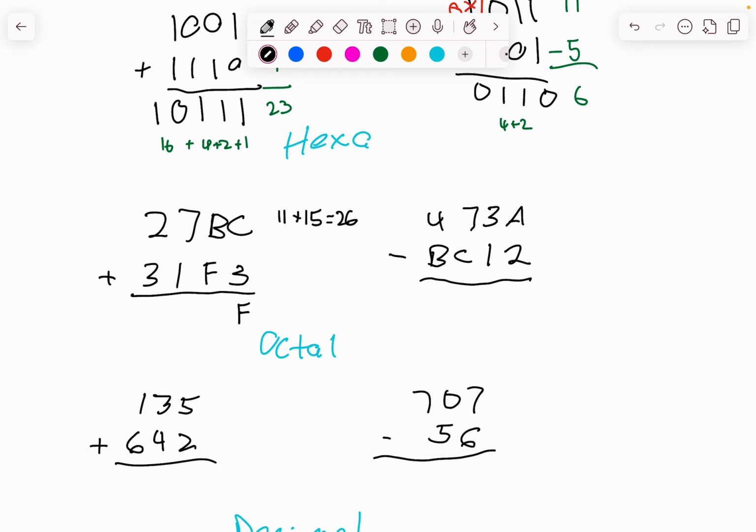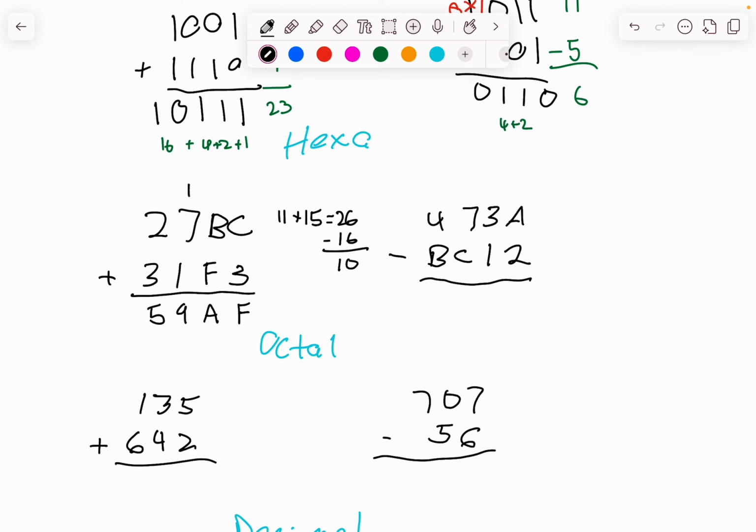But there is no representation of 26 in hexadecimal, so we subtract the base of 16, which gives us 10, and we know the representation of 10 is A. Since we had to subtract, we add a 1 over here to the 7 plus 1. So 1 plus 7 is 8, 8 plus 1 is 9, and then 2 plus 3 is 5.